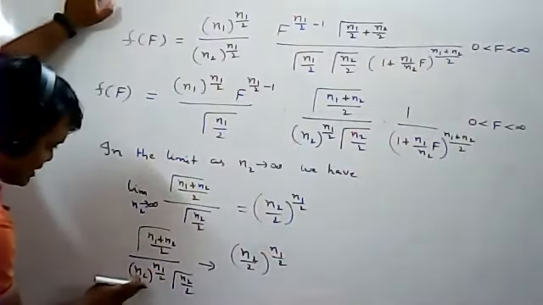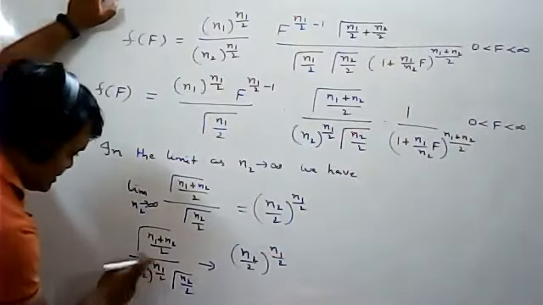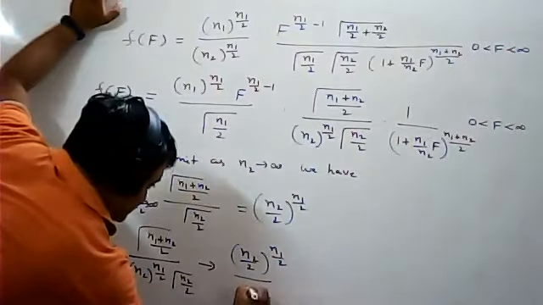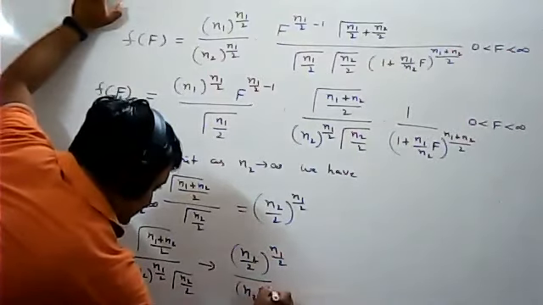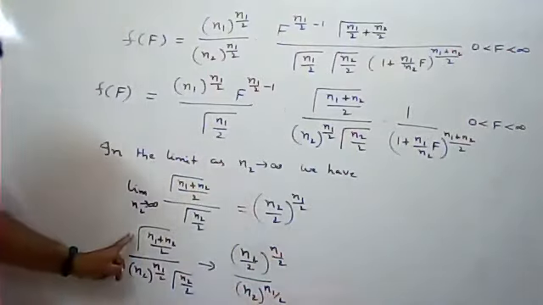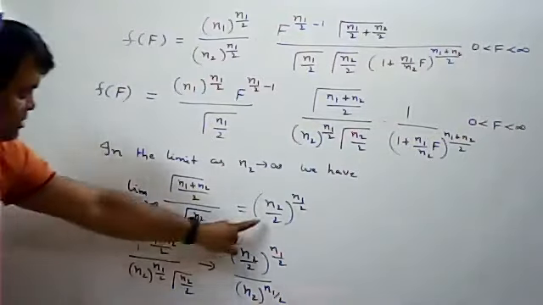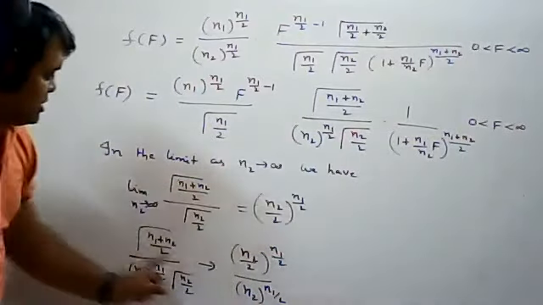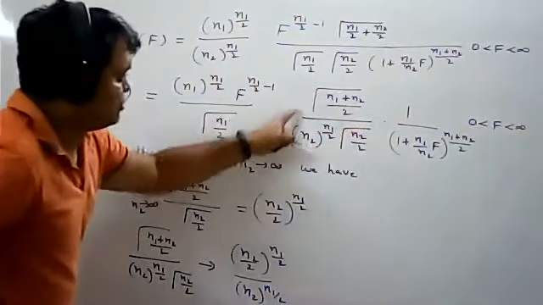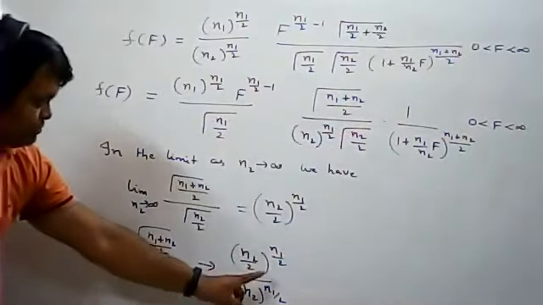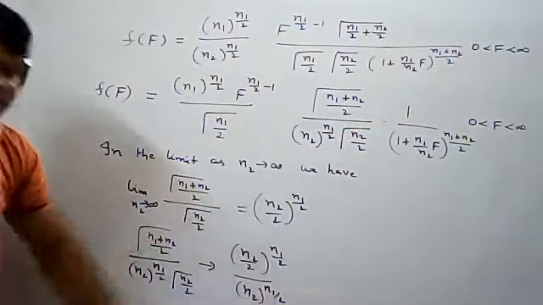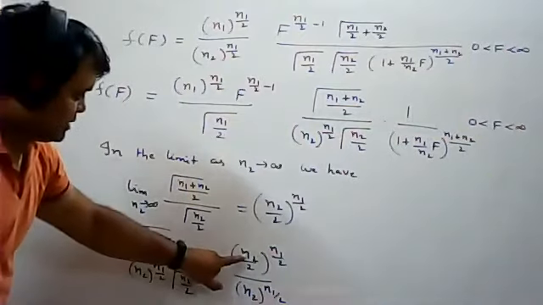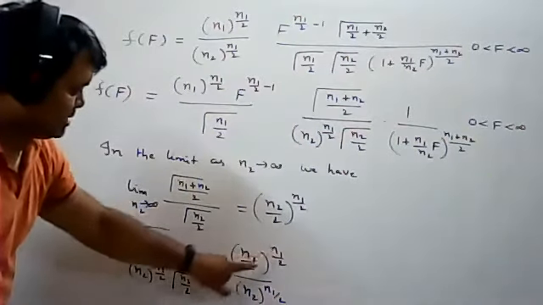In the denominator, this term is there, so I can write that term as it is, n2 whole power n1 by 2. The limit of this value divided by this value gives n2 by 2 whole power n1 by 2. So I am simplifying this entire term now. N2 by 2 whole power n1 by 2 over n2 whole power n1 by 2. Now see, a by b whole power m means a power m by b power m.